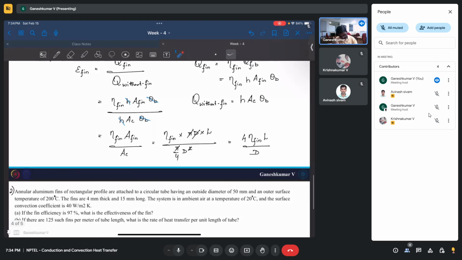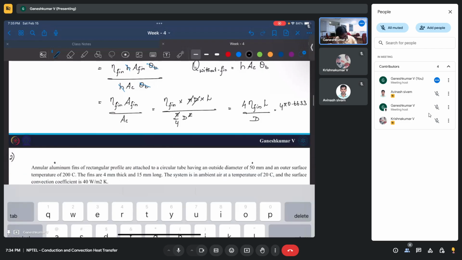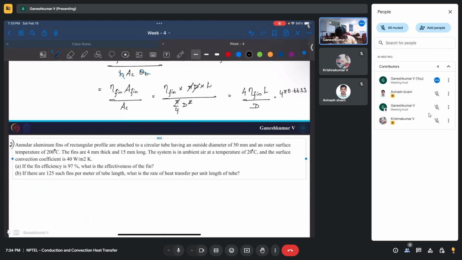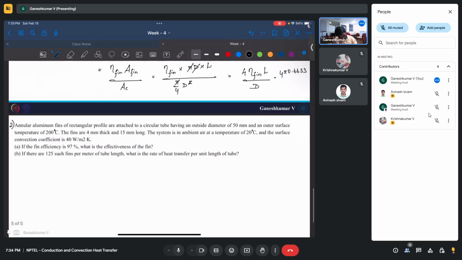Okay, so now you can calculate this. How much is this coming out to be? 4 into 0.6633 times length. The length is going to be 0.035 divided by diameter 0.004.